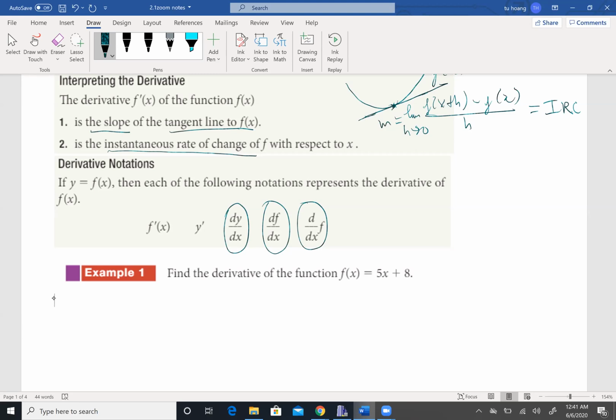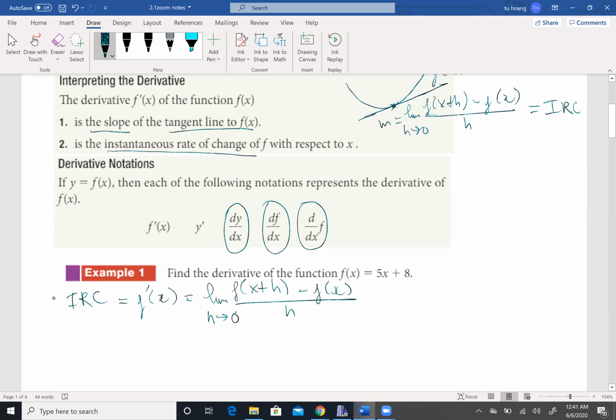You should know that the instantaneous rate of change will be equal to f'(x), by using the interpretation of the derivative, and it's equal to the limit of f(x+h) minus f(x) over h as h approaches 0.